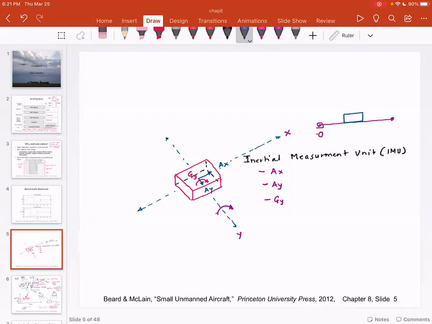If I were to say this is AB, this is how the accelerometer is aligned. So this is its X direction, Y direction is coming towards us, and the gyroscope is going to measure the orientation about O.